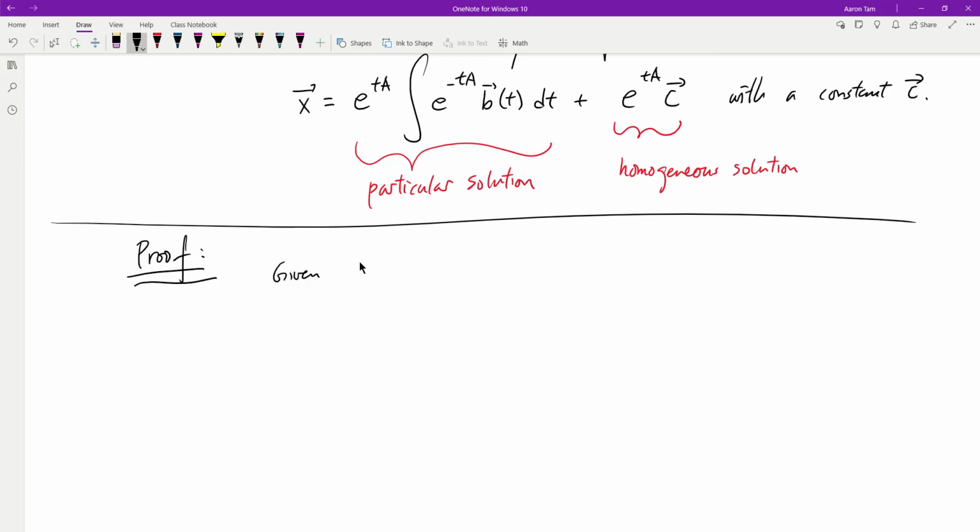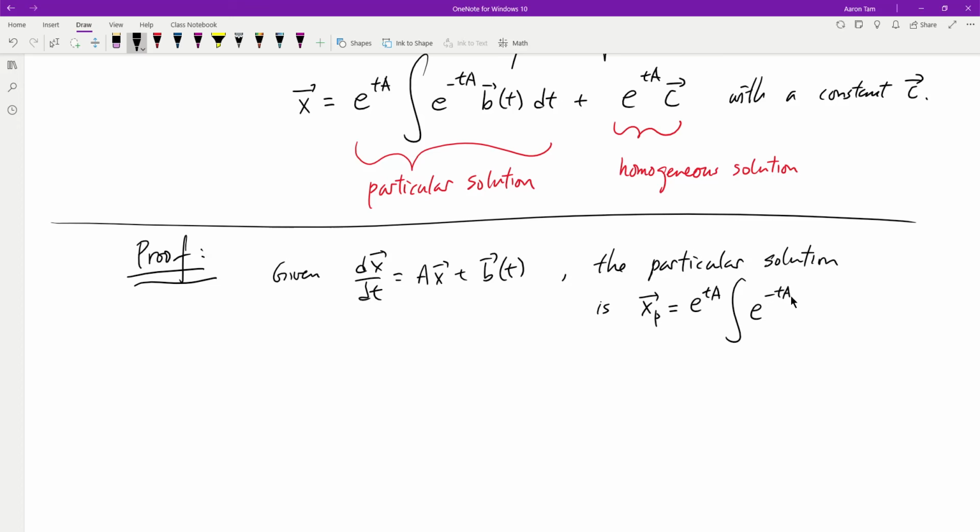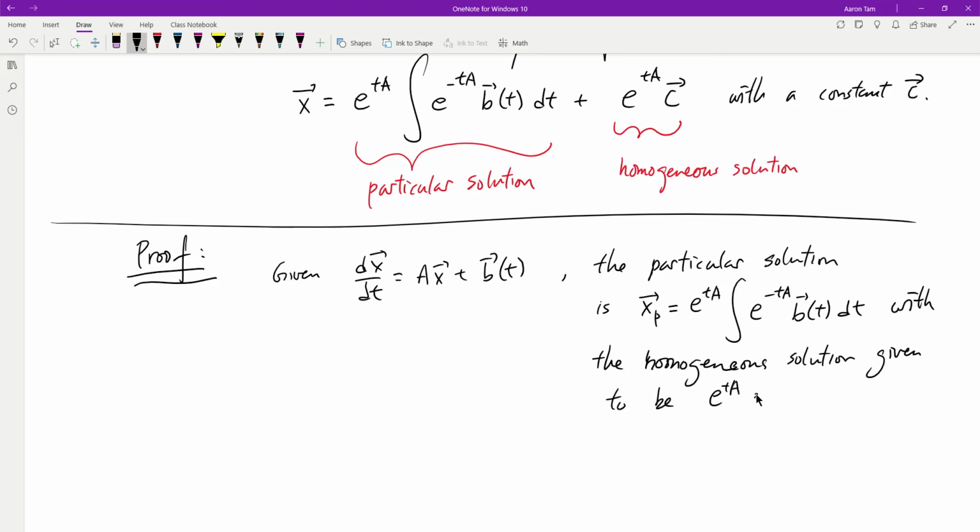Given d vector x over dt equal to A vector x plus vector b of t, the particular solution, vector x sub p, is e to the tA integral of e to the negative tA vector b of t dt, with the homogeneous solution given to be e to the tA vector c.